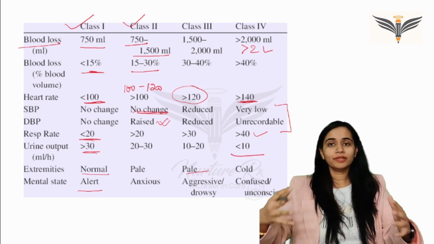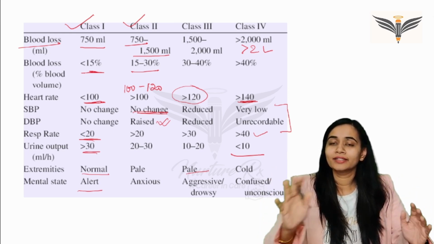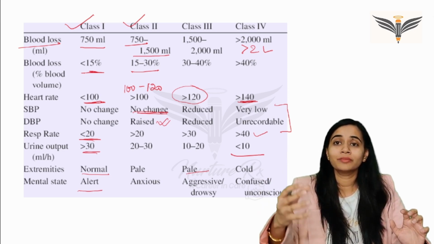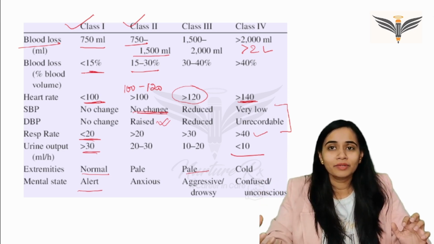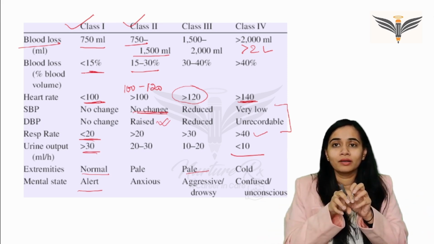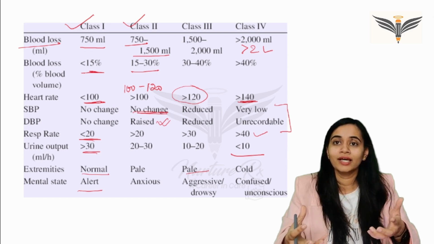Now, extremities: till now in grade 1 they were okay. In grade 2 and grade 3, you can see that there is pallor developing. In grade 4, the extremities become cold. Why are they becoming cold? There is such immense shock that all the blood from the periphery is being transferred to the vital organs to save them.